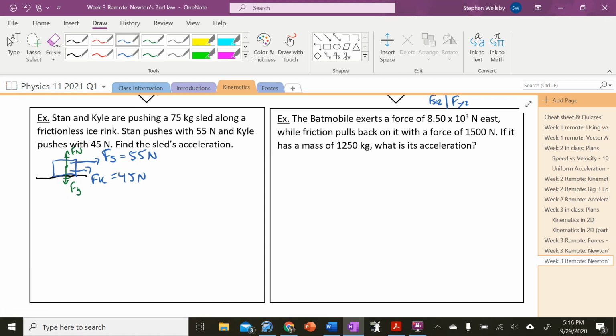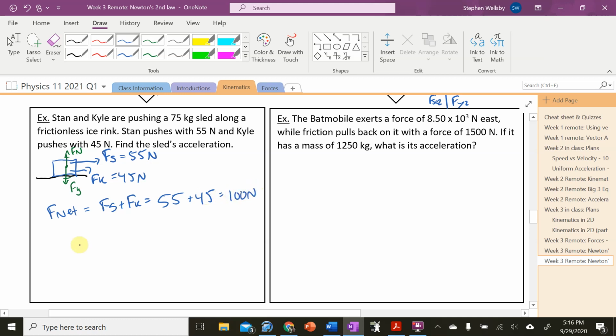Okay, so what is our net force going to be? Well, in this case, both of these forces, 55 and 45, are both positive forces. They're both to the right. So if we add these up together, F net is just the sum of all of the forces. So in this case, that's going to be F Stan plus F Kyle, which is 55 plus 45, which is 100 newtons.